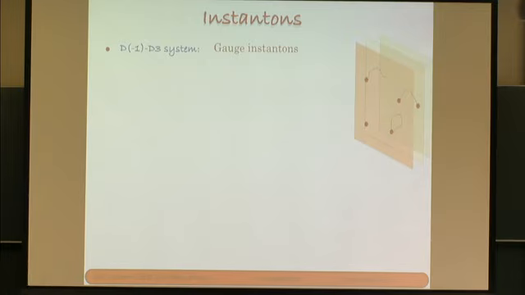Now, instantons. Again, I will always start from flat space. You start by considering the D3-D7 system in flat space. The question is, what is an instanton? An instanton is a point-like solution. Therefore, in string theory, there is a natural candidate for an instanton, which is a D(-1) brane. A D(-1) brane means a point in 10-dimensional space.